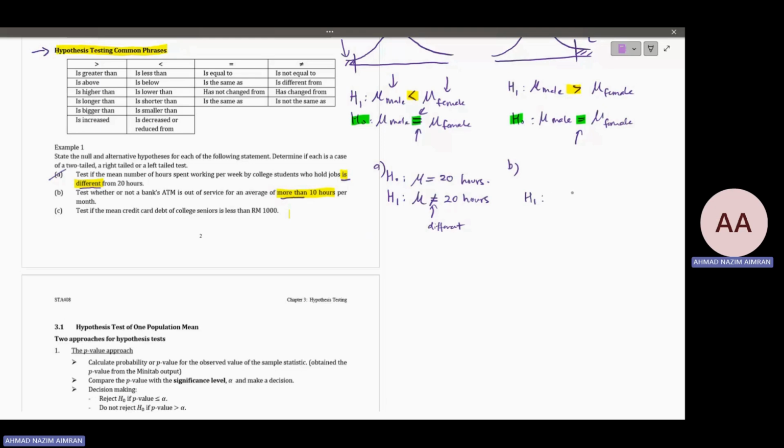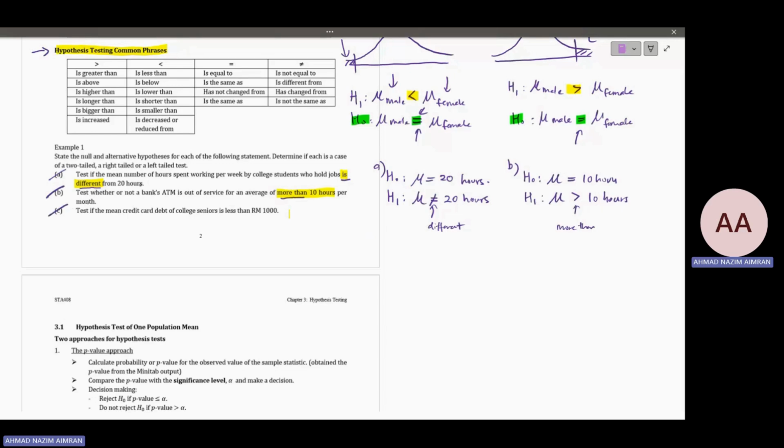More than, or greater than, higher than, you can always use this symbol. The alternative hypothesis is mean is more than 10 hours. And remember, you also need to write down the null hypothesis, and it is mean is equal to 10 hours. And that is for B.